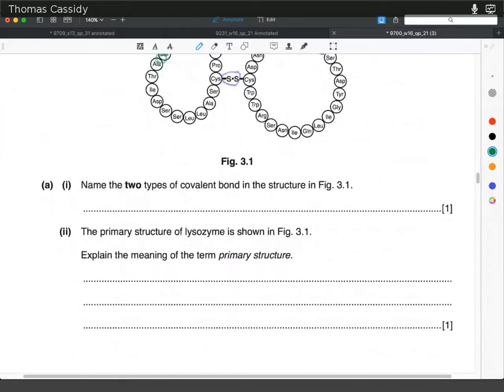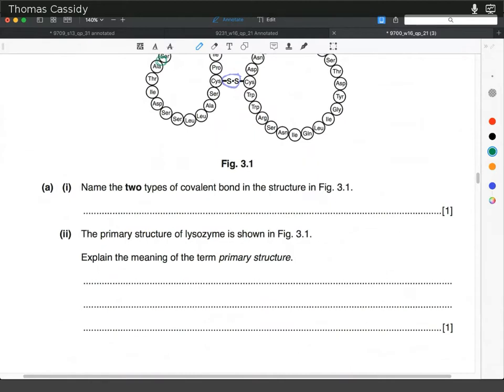Part 2 then says, explain the meaning of the term primary structure. There are four different kinds of structures we're talking about, and it's asking about the most simple of those. It's 1 mark, so we don't really have to go into any detail. We just have to say primary structure is the order of these amino acids.